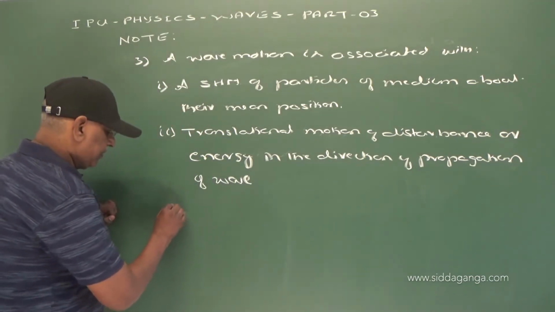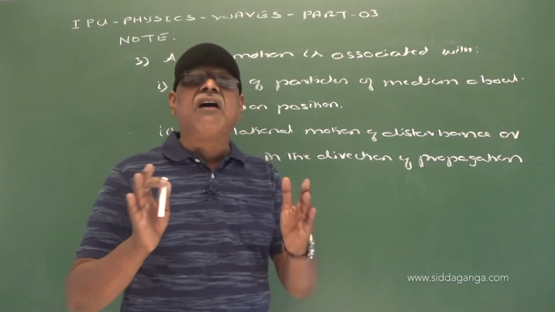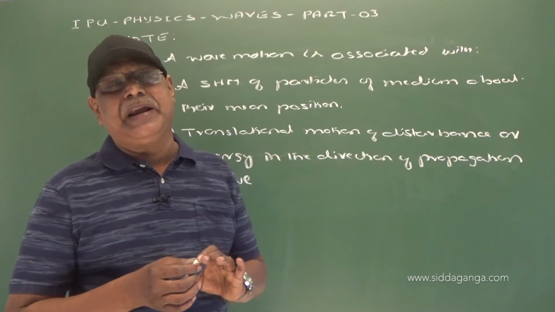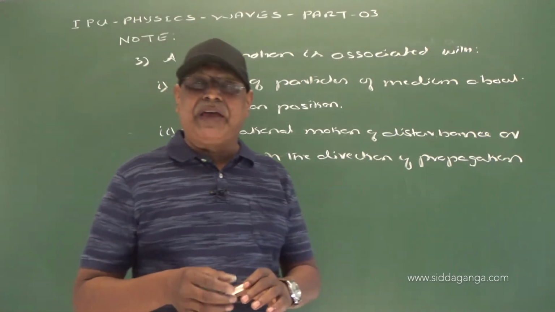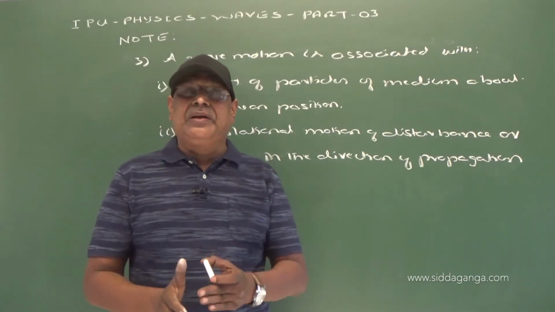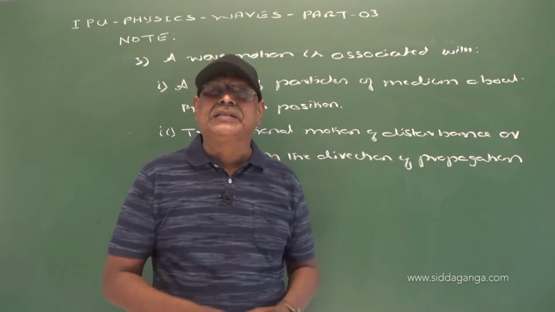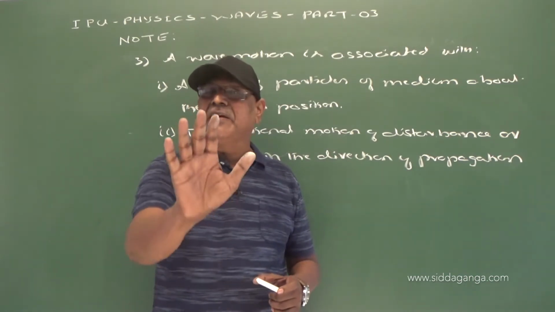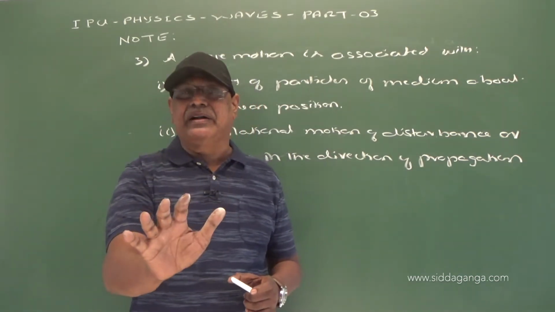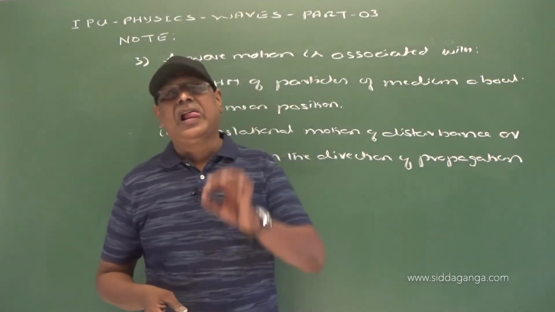Now, the fourth, what is the function of a wave? Right? The function of a wave is to transfer energy from one place of the medium to another place without transferring matter, and that is important. We know that there are two types of transportation of energy.